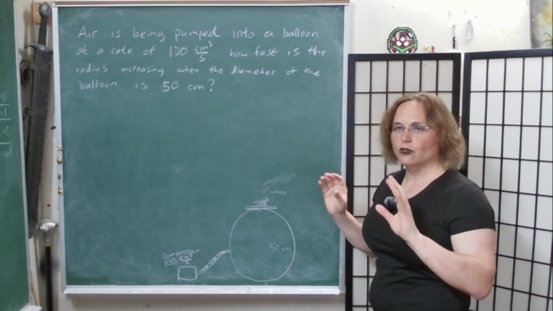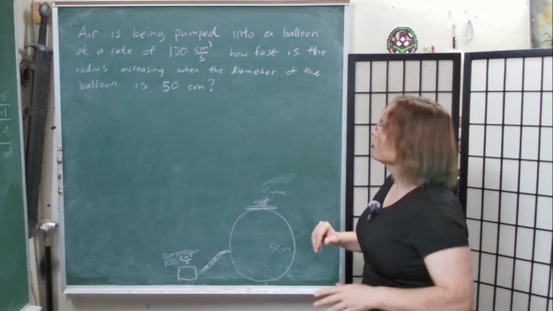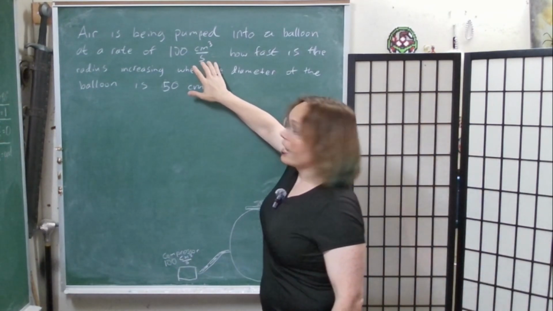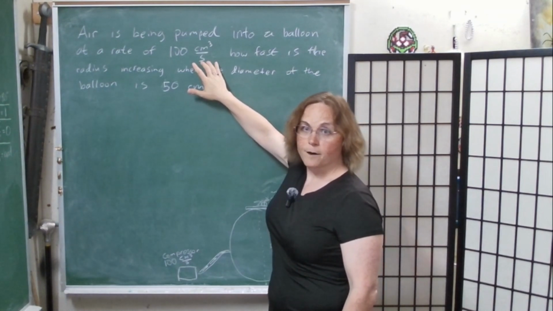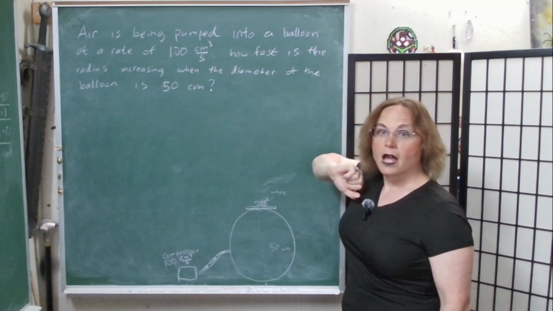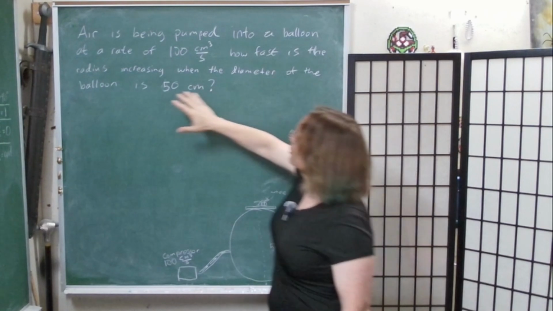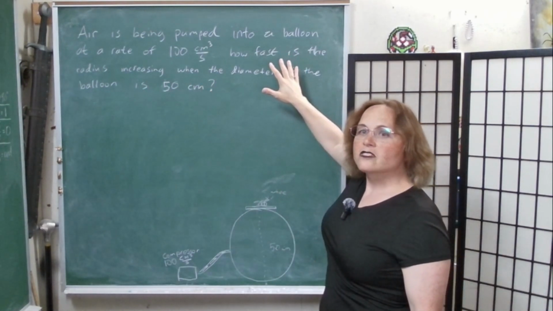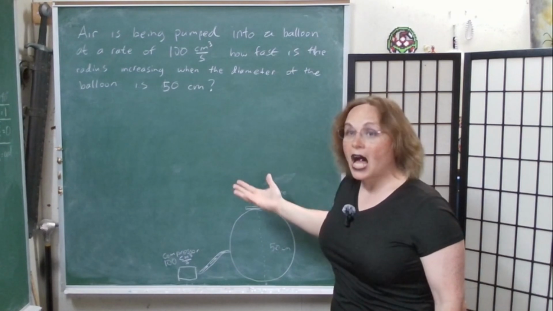And I know that might sound a little bit confusing, but what I mean is you'll notice that we're talking about a rate of change over time, right? And here we're saying how fast is the radius increasing? So fast, that's also time.